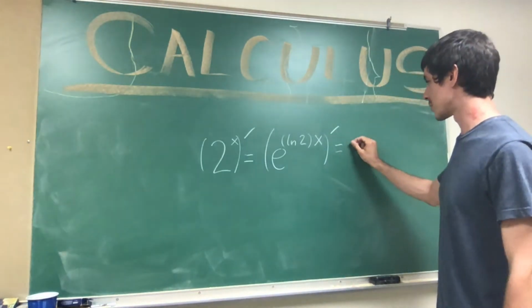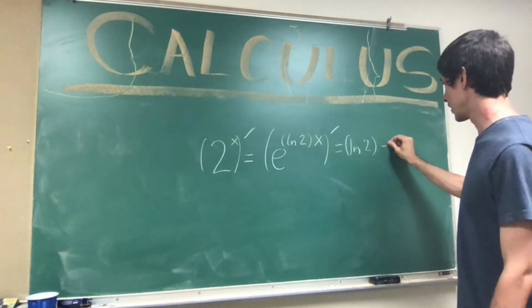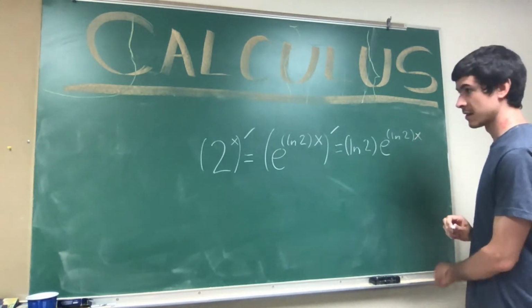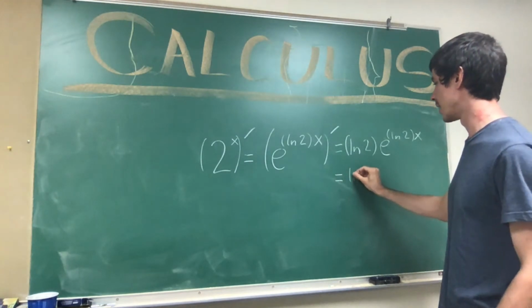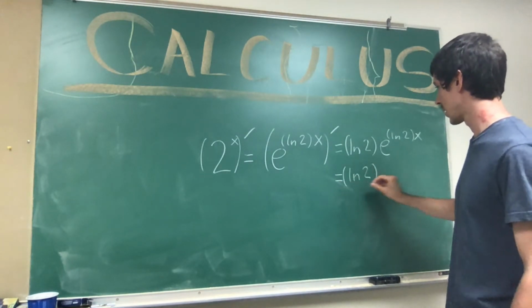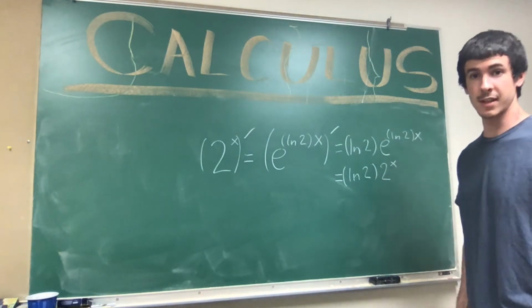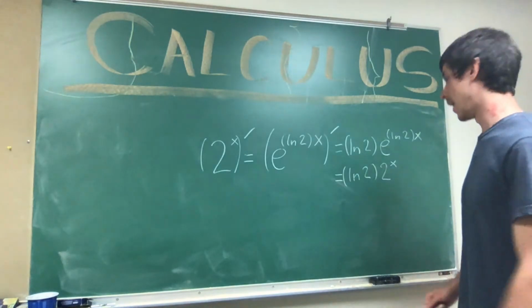But anyway, this would be ln 2 times e to the ln 2 times x. But then this expression is just 2 to the x, so this is ln 2 times 2 to the x, which agrees with the calculation that we had for this before.